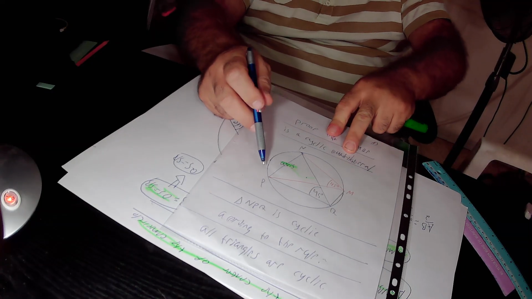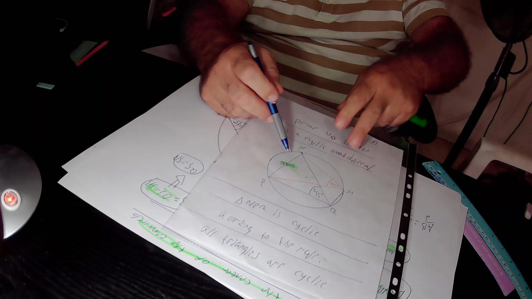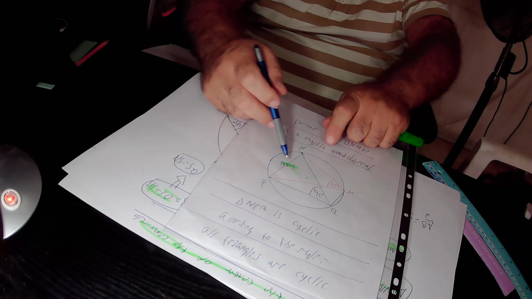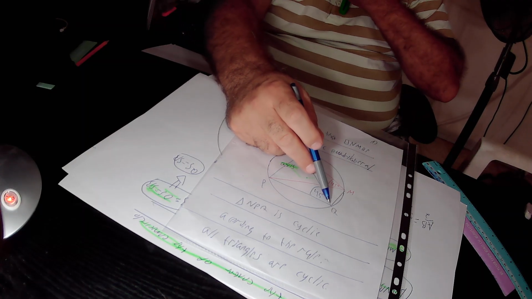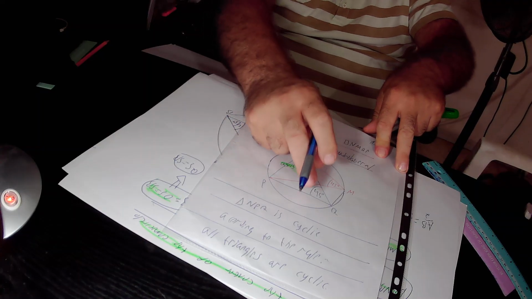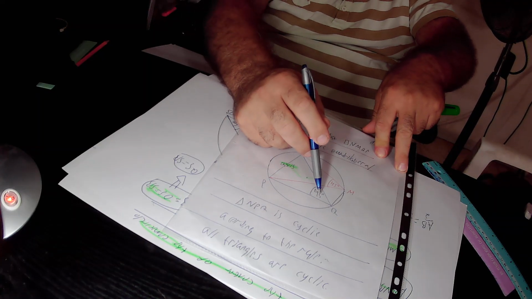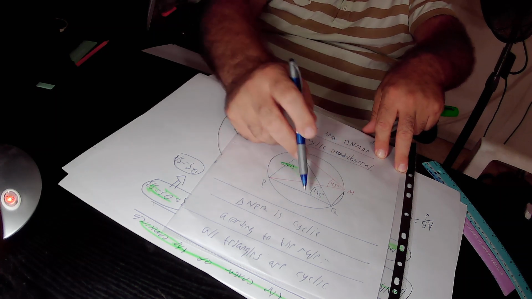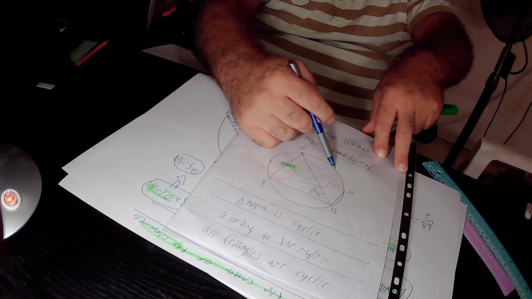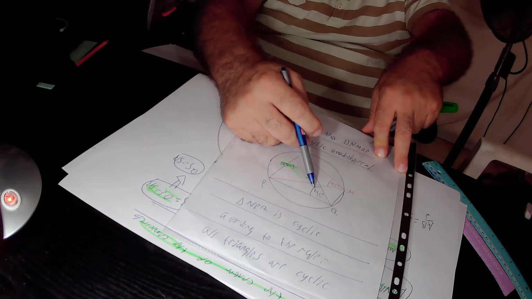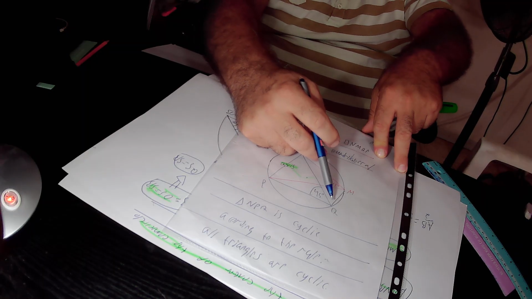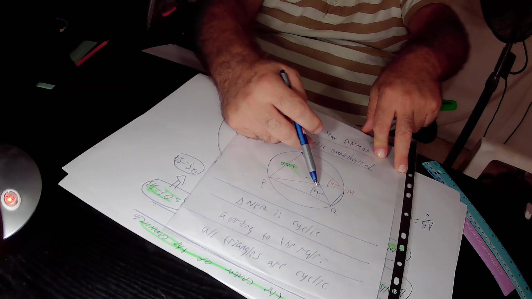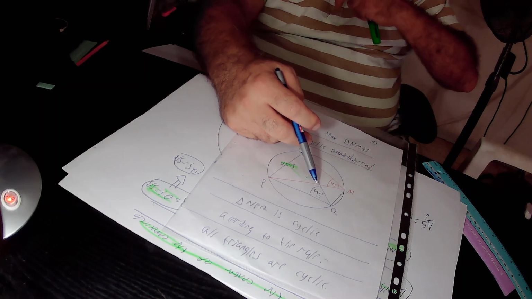NP will be the axis of triangle NQP, which will not move, and we will just move the vertex Q along this circle without changing the size of angle NQP. In this way we create infinite angles, each of them equal to 45 degrees in size, because we will not change the size of angle NQP.